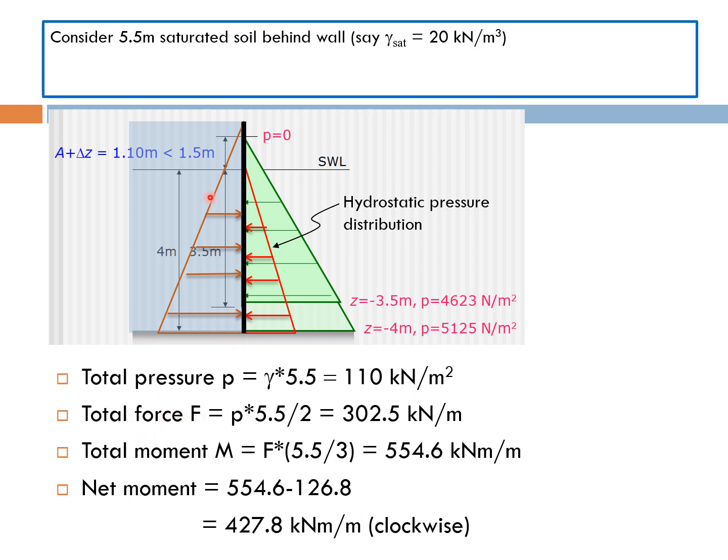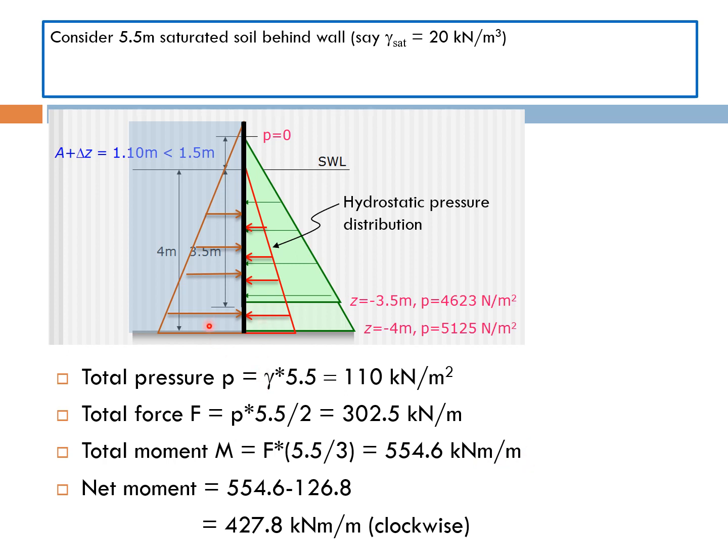The total force due to this triangular pressure distribution is then quantified to be just over 300 kilonewton per meter, and by taking the moment arm to be 5.5 divided by 3, from the top of the vertical structure down to the seabed, total 5.5 meter, the moment arm is 5.5 divided by 3 multiplied by the force. We get the total moment due to the soil acting on the vertical face structure to be 555 kilonewton meter per meter.